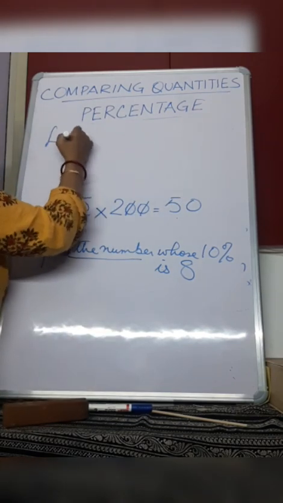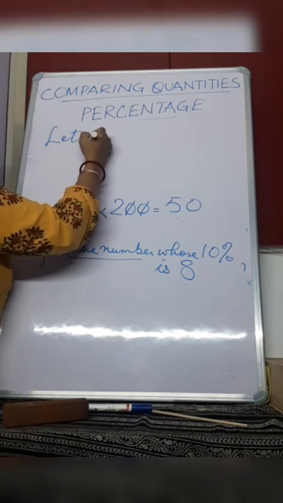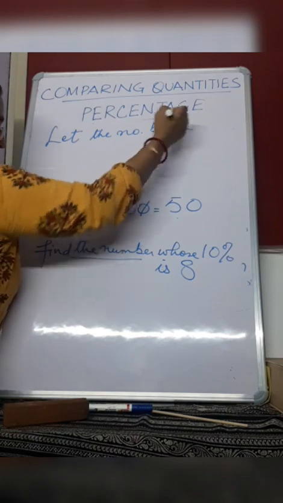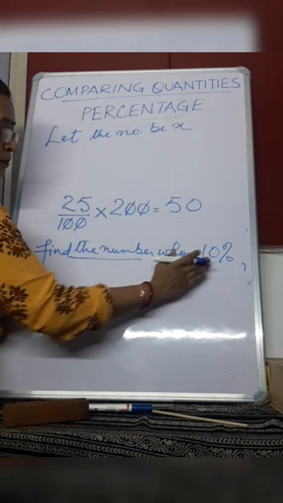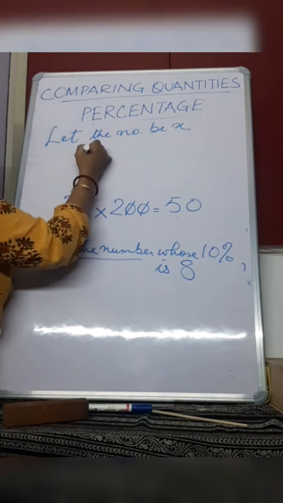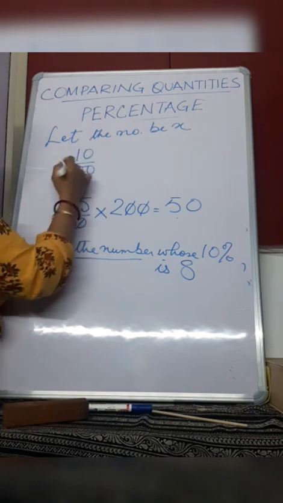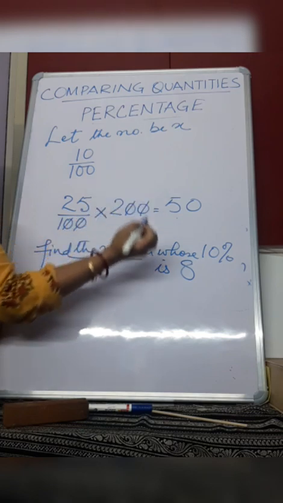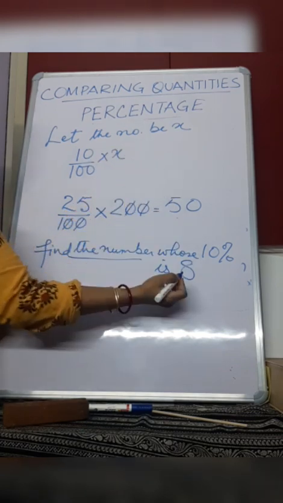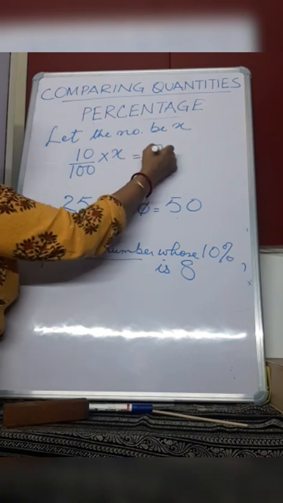Now here we are using algebra. Let the number be x. So 10% of x is, 10% means 10 by 100, of x means multiply by x, is 8 means equal to 8.